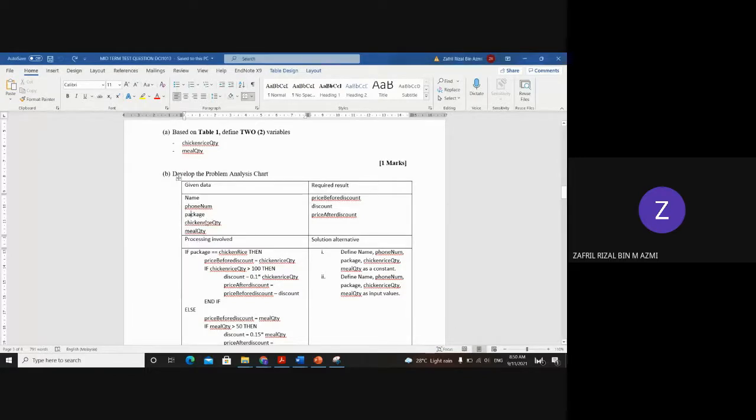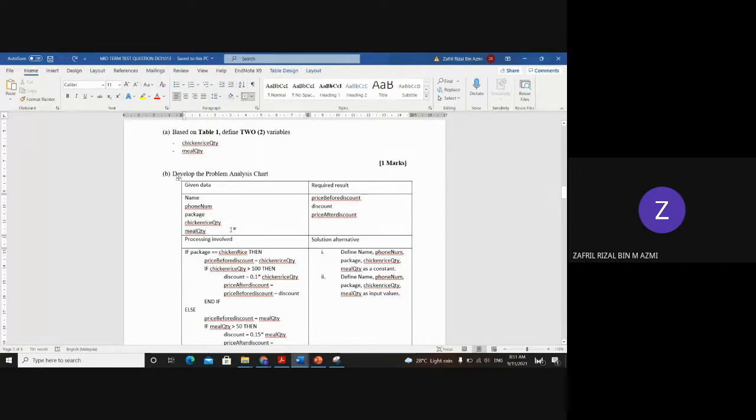However, what is wrong over here is, not 100% wrong, but this is supposed to be general quantity, not specifically chicken rice quantity or milk quantity. If you put both, it means you need to enter both. Is that correct? No, right?